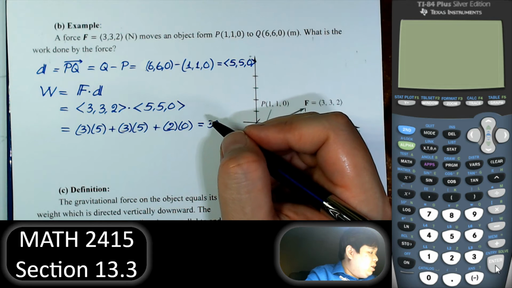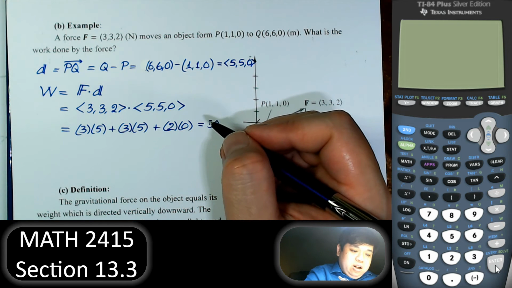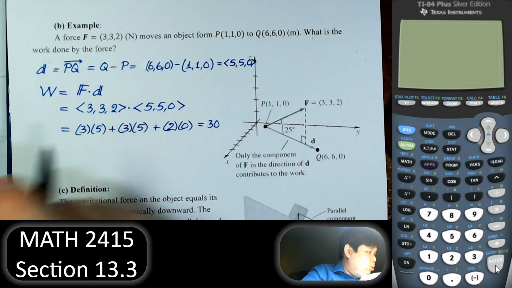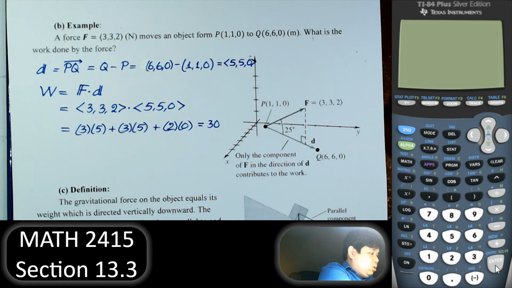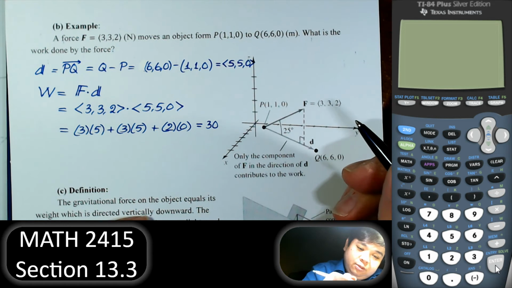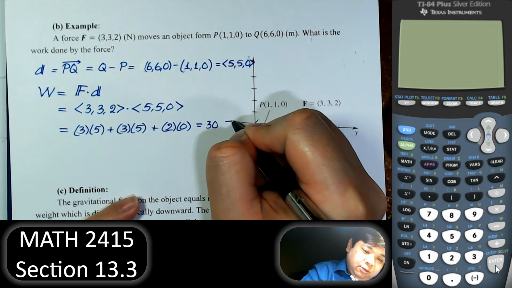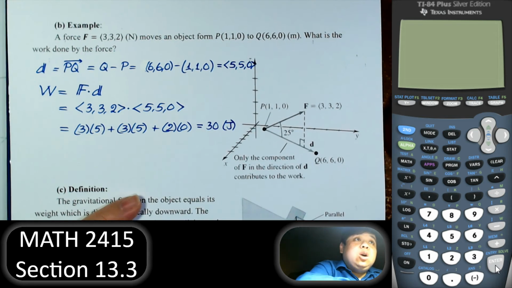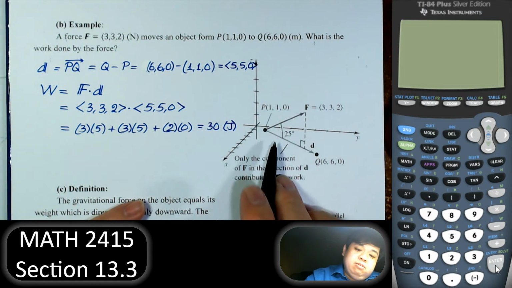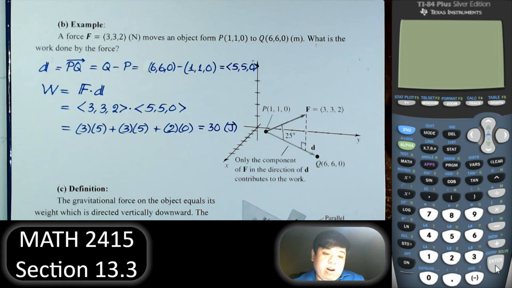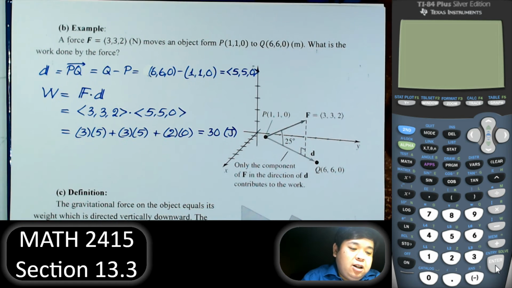Since we use Newton and all other standard units, the result of work is going to be joules. So 30 joules. Notice that we don't need to find the angle between them, but if we do, it's 25 degrees. Not really important. Right. Just do the dot product, and that's it.